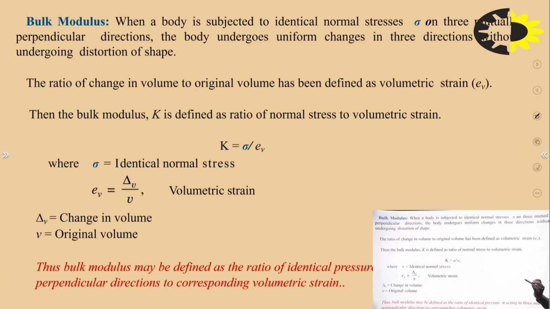Now I am moving towards another elastic constant, that is bulk modulus. This term bulk is related to the size of the body, to the volume of the body. So many times we observe that there occurs a change in volume. In which condition? Let me draw one case.